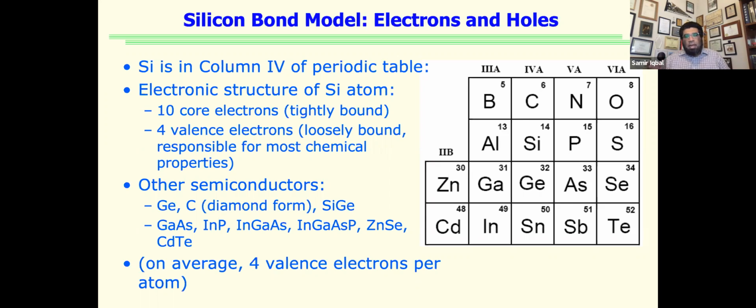Or we can add a material that adds 1 more extra, or a material that has 1 less in the outermost shell. Both cases are what we call N-type or P-type donors. The same is true for germanium, carbon, silicon, germanium. Compound semiconductors also have the same thing: on average, they have 4 valence electrons per atom.